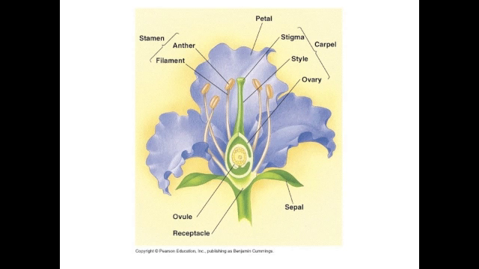Please take a moment to notice that the pollen is located on the anther, which is held up by the filament. Also notice that the carpel has three parts: the stigma, the style, and the ovary. The egg is located within the ovule, which is inside the ovary.